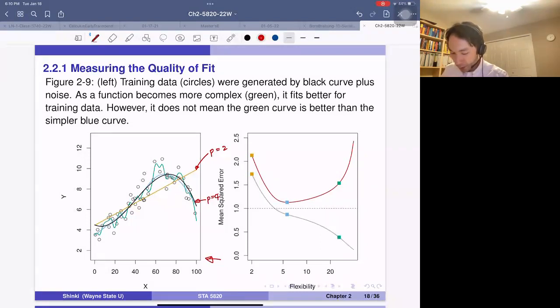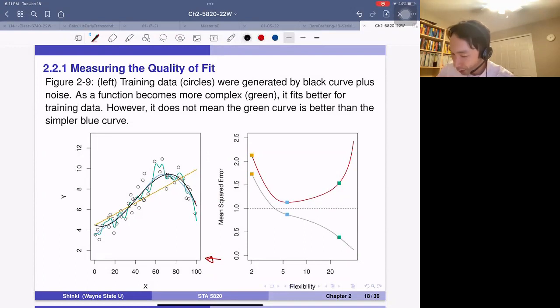And if we use a more complex one, sorry, I'm sorry, the blue one. Sorry, then maybe I have to explain it again. Suppose that these observations are generated by this black line.